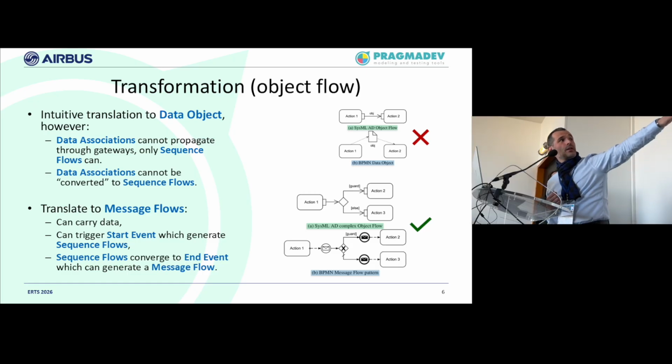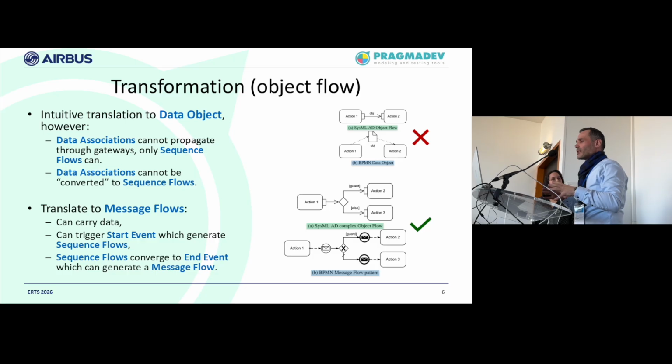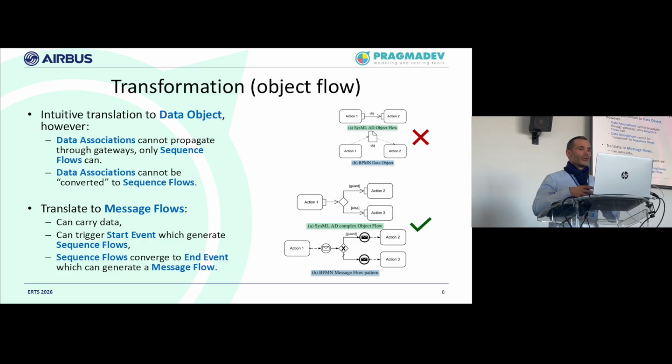And this is the example of how we achieve it in the picture at the bottom. So what we do is that first we translate it using message flows, which trigger start events.